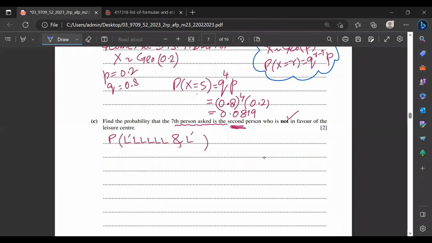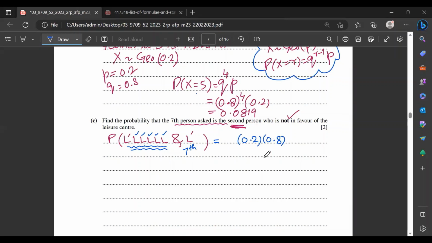Next I will solve this question in a different way, by using the binomial. You can count them 1, 2, 3, 4, 5, 6, 7. These can be rearranged in many ways because the first one can be in the first position, second, third, fourth, fifth, or sixth position. So not in the favor is 0.2, and in the favor there are 1, 2, 3, 4, 5, so I can write 0.8 raised to the power 5.